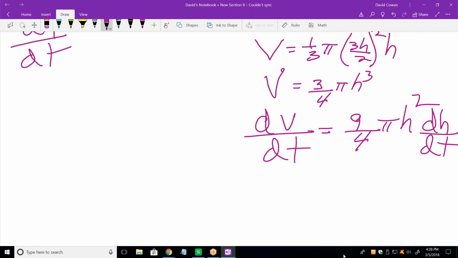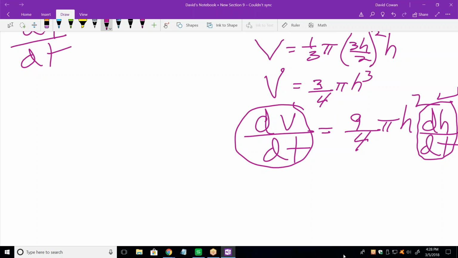There you go. Now, this is what they're asking for when h is what? 12? Yeah. And this is what they've given us. That's 10, correct? Yep. It's always the last step in a related rate problem to figure out what they're asking for.